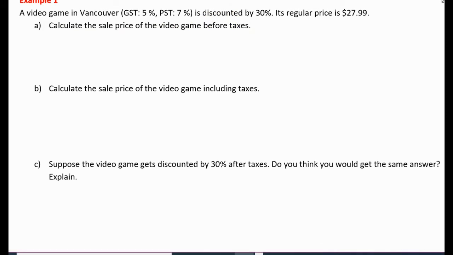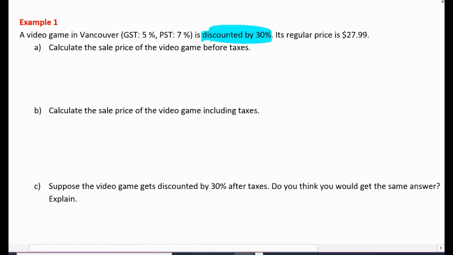So we're going to just find the discounted price. So everyone, discounted, do you pay more money or less money? Less money. So it's a subtraction, right? So you're going to subtract 30% from 100%, and 70% is the discounted price.